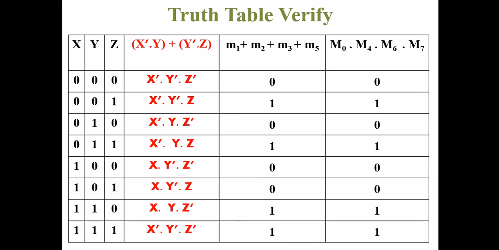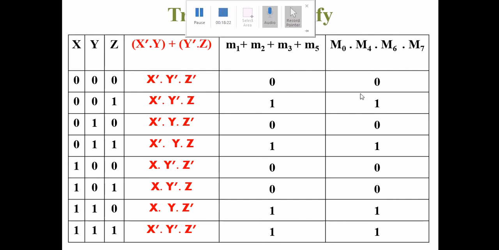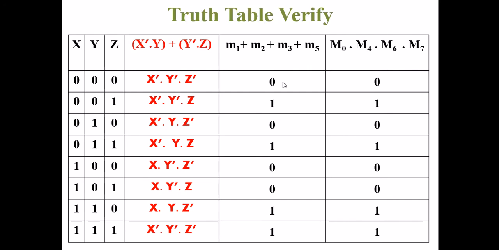You can use truth tables to verify that both present the same value. So by writing this truth table, you just need to apply the combinations and write the results here.